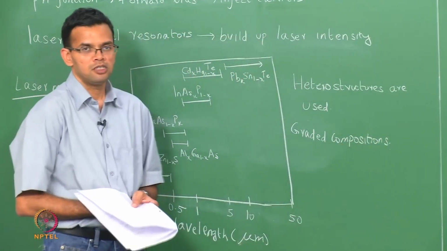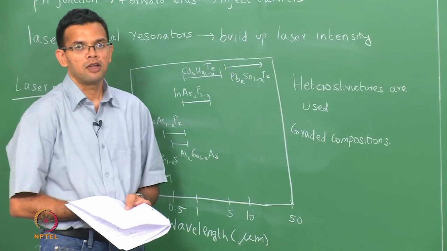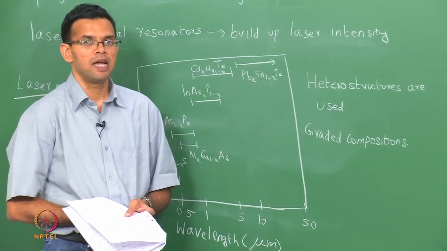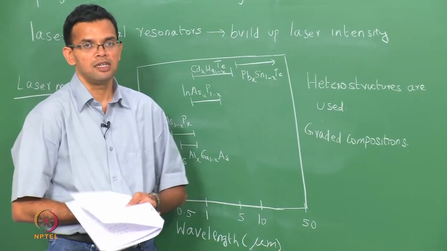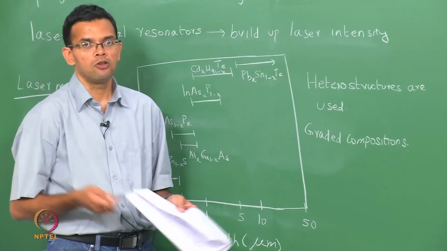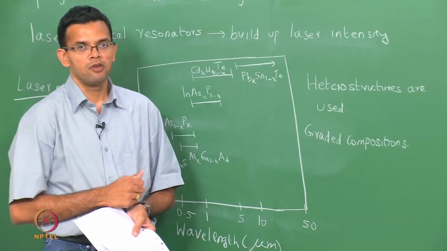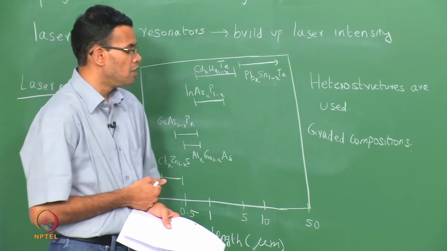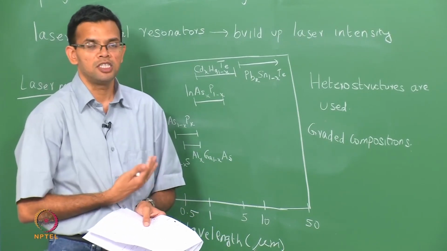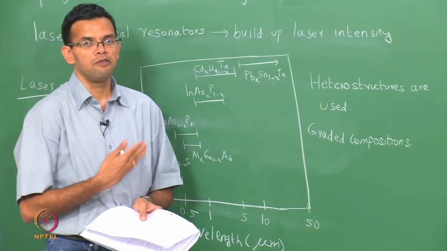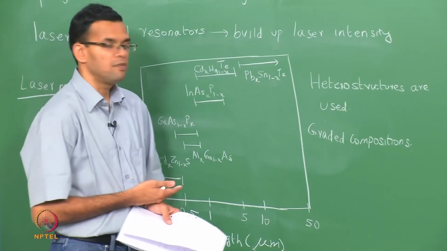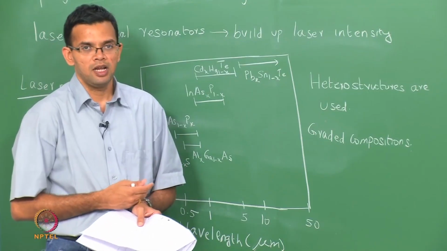Graded compositions are used so that you can have an epitaxial growth. If you have a huge lattice mismatch, that leads to defects at the interfaces. If you want to grow epitaxial layers, we want to have lattice parameters as close as possible. So, graded compositions help to achieve that, because they give you the change in the band gap, while at the same time allowing you to grow epitaxial layers.